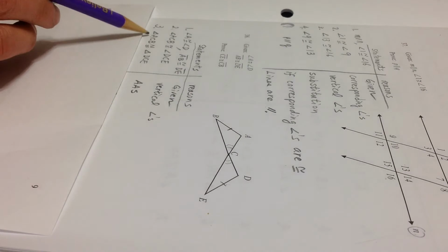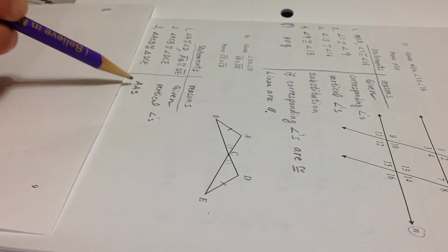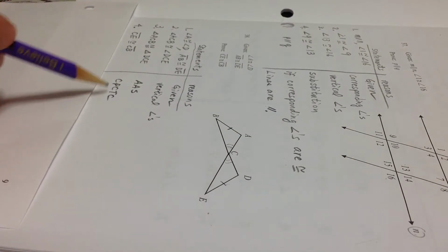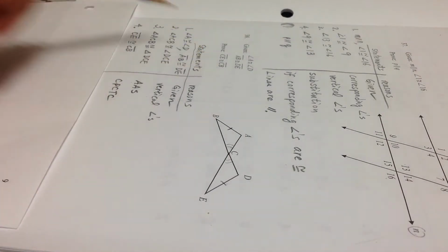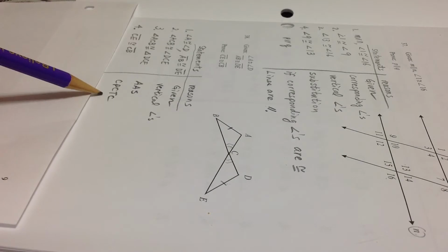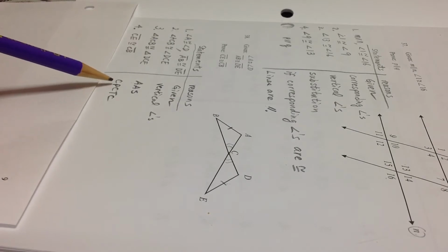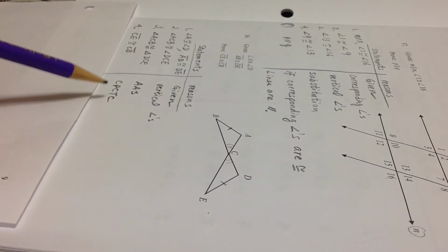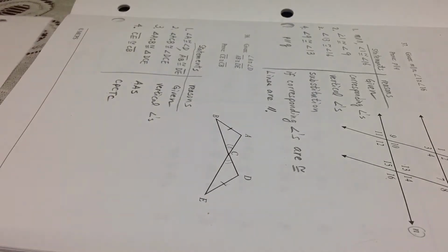So then I have these two triangles congruent, angle, angle, side. After that is always CPCTC. Okay, it's the last one here, and the CPCTC. That's corresponding parts of congruent triangles are congruent. Okay. All right. That's 38.